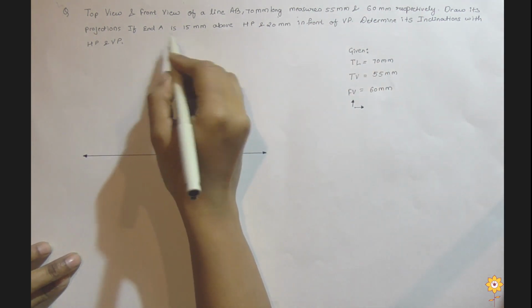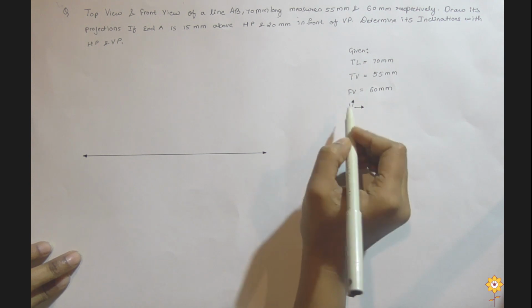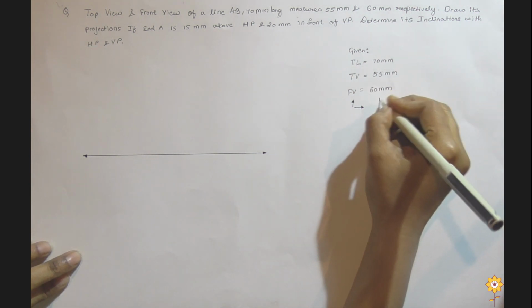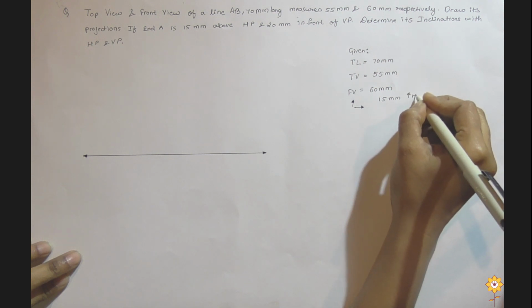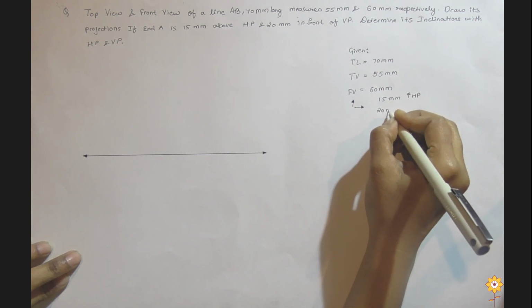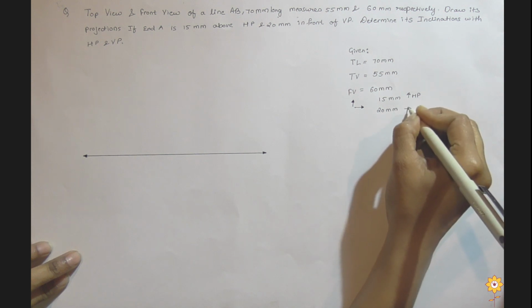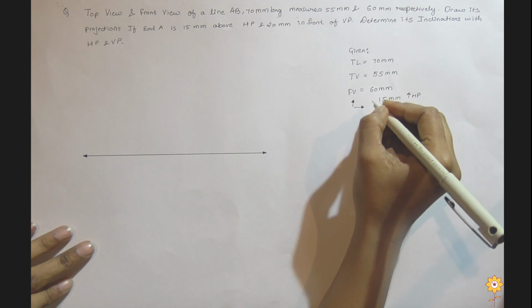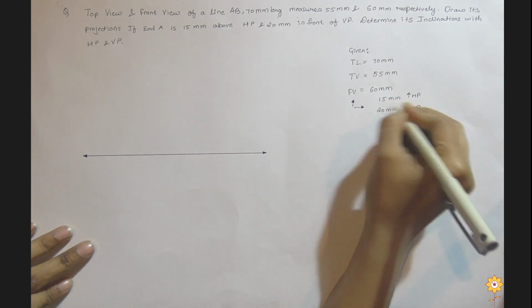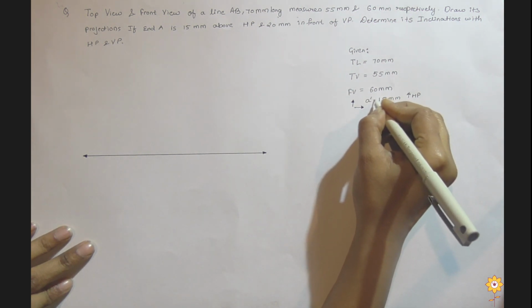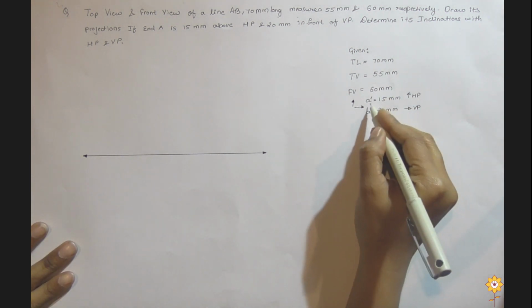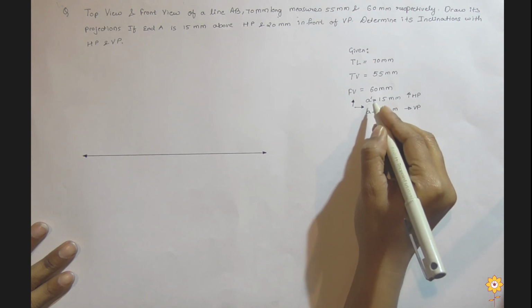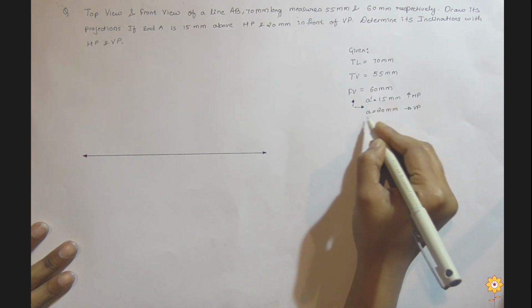I mean the end A should be in the first quadrant. So this is 15 mm above HP and 20 mm in front of VP. In the first quadrant, this would be A dash and this would be A. As this is the front view, we'll denote all the front view lines with a dash, and the top view should be plain.